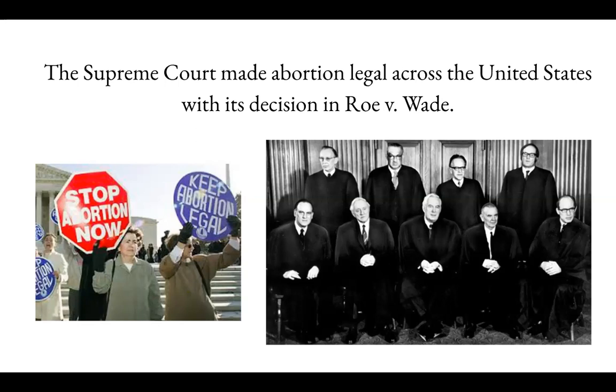It made it a federal law that abortion is legal. Overturning Roe v. Wade would not make abortion automatically illegal. It would, however, make it a states' rights issue, making it incredibly difficult for women to have access to healthy, correctly done procedures for abortion.